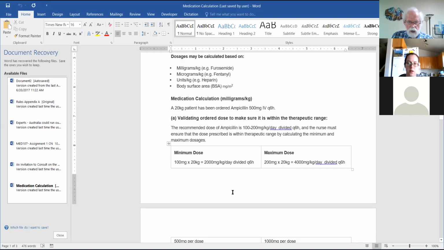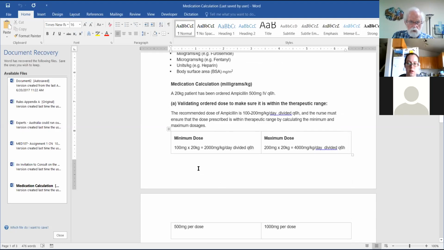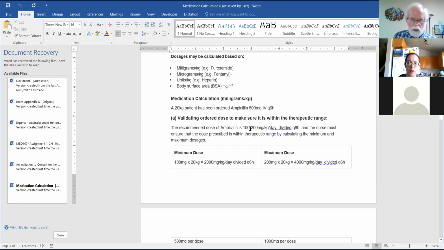So we can look at doses. You may see dosing where our recommended dosing is so much per drug in a day, and it might be divided into doses. When it says divided into 4 doses, that means you're going to give 1/4 of the total dose 4 times a day.